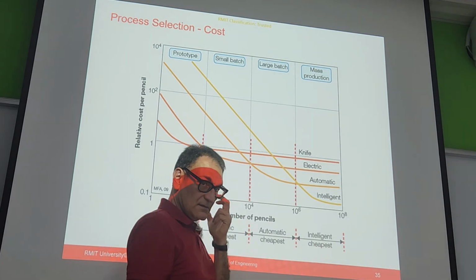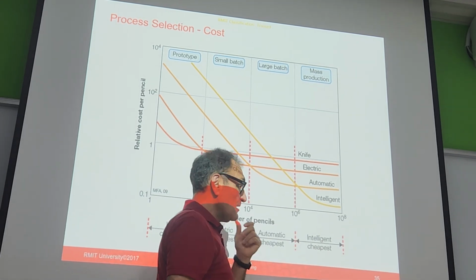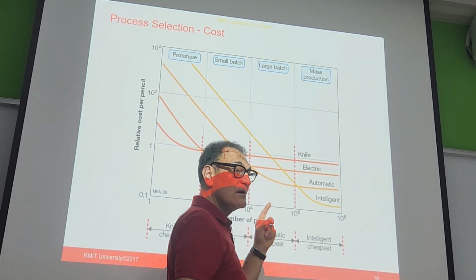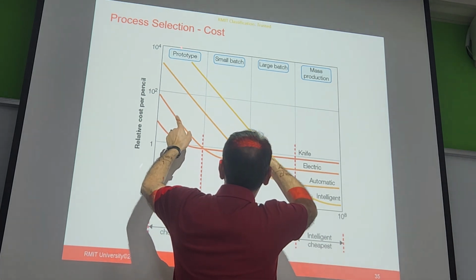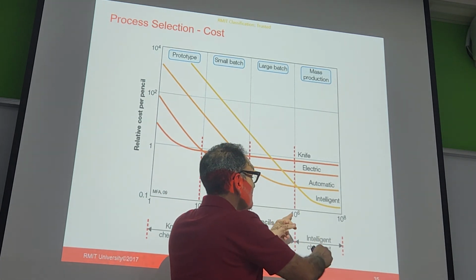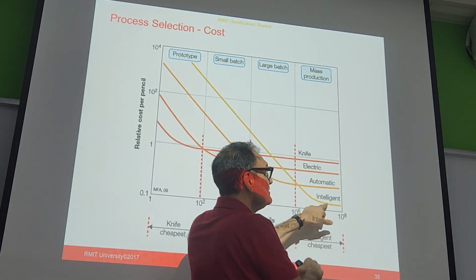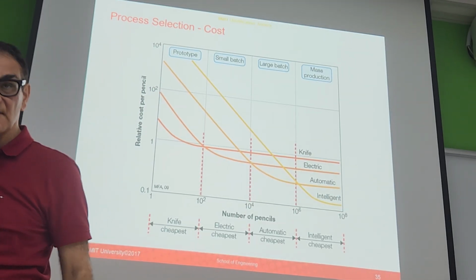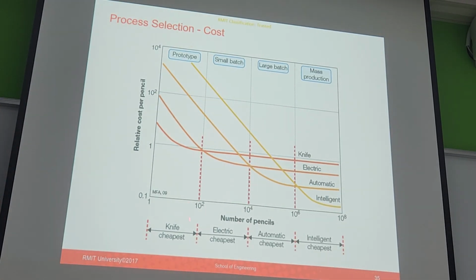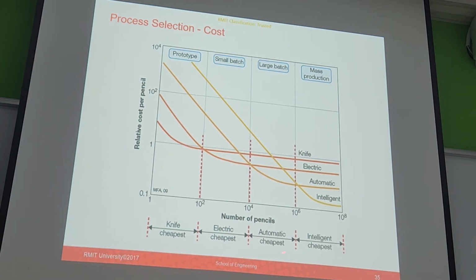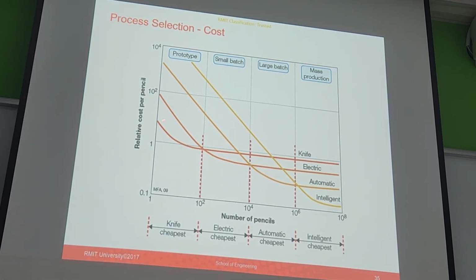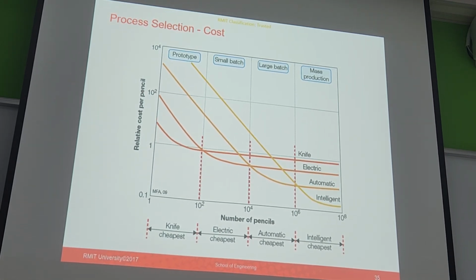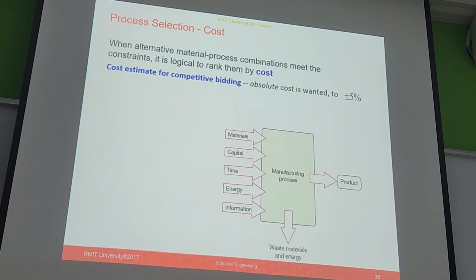Automatic. But if you are trying to make more than 1 million sharpeners, the intelligent sharpener is the best. So I'm telling you, the number of pencils and the cost is very important to consider for process selection.